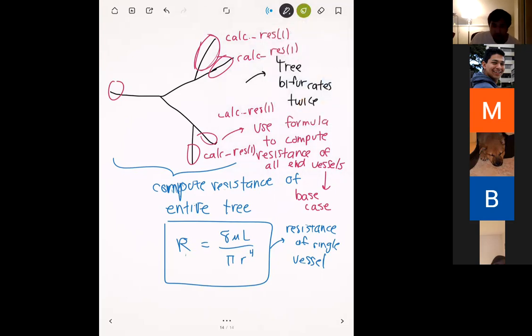All right, so we're almost out of time, and so I'm going to work a little bit fast. Now that we've computed the resistances of all of the end vessels, let's compute the resistances of their immediate parents. Let's compute the resistance of these guys right here.